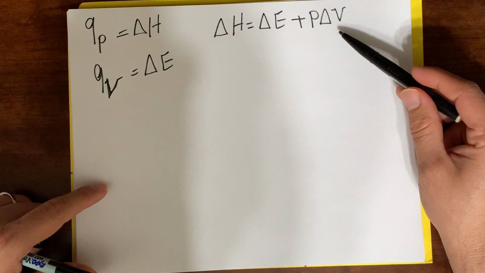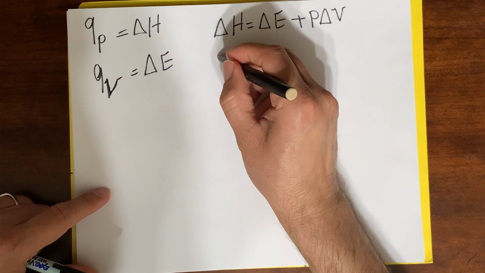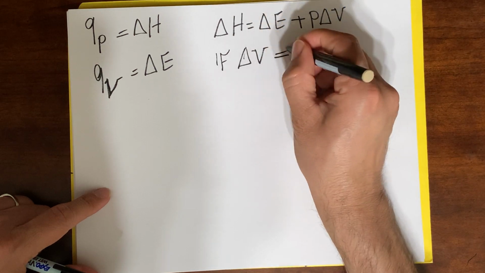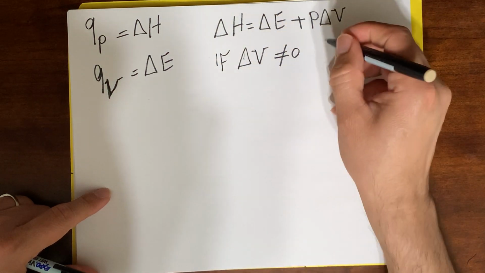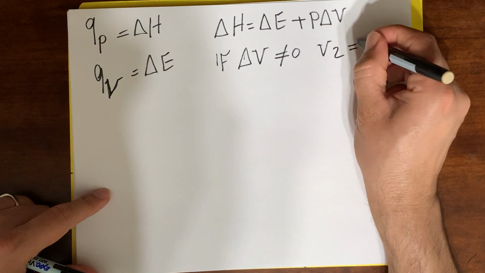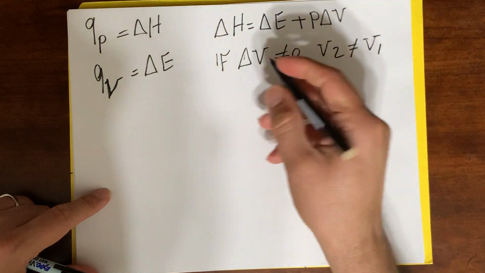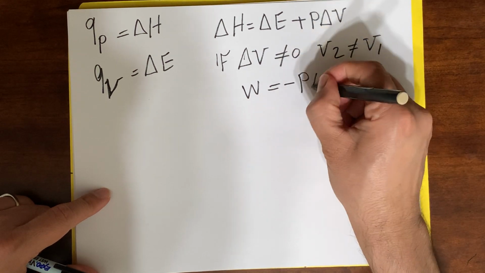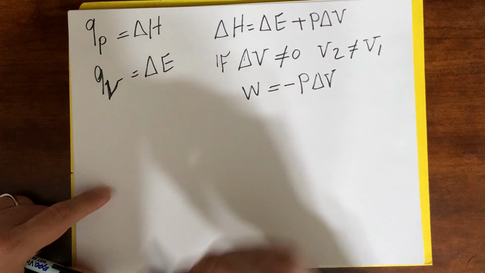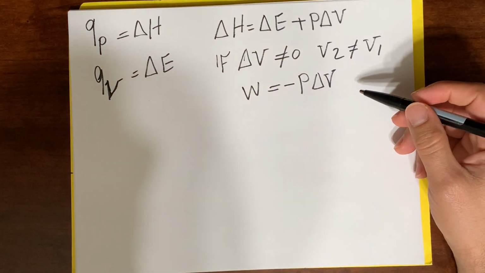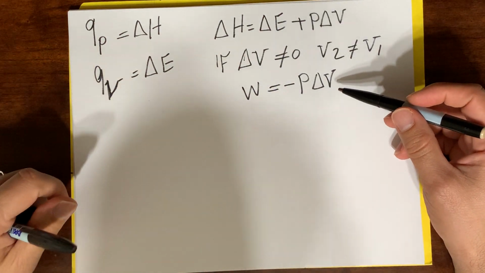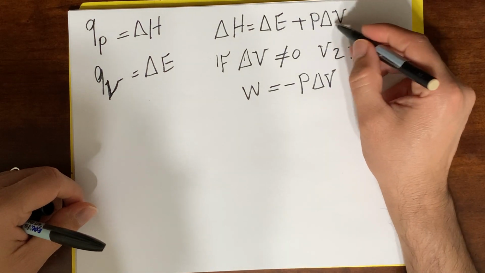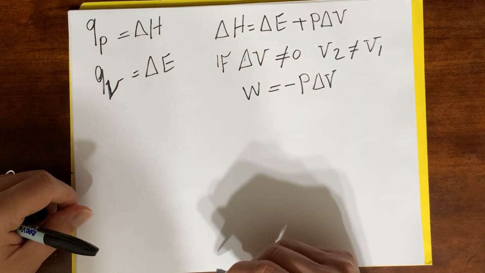If delta V is not equal to 0, that means V2 is not equal to V1, then we have work. Work is equal to minus P delta V. So sometimes heat can be used to do work.